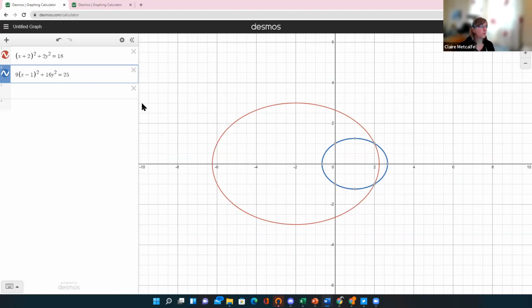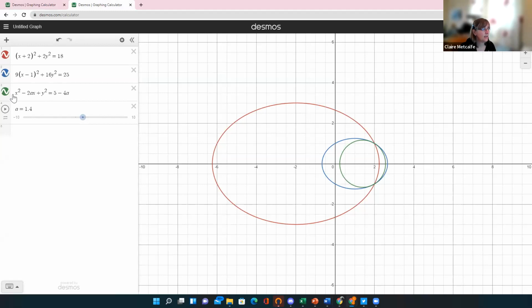Okay, so these are the two ellipses that we were given at the start of the question. And you can see here that they meet at (2, 1) and (2, minus 1). This here is the equation of the circle that the step question was asking us to find. And you can see that these three curves intersect at (2, 1) and (2, minus 1). Sorry, not three circles, 2 ellipses and 1 circle.